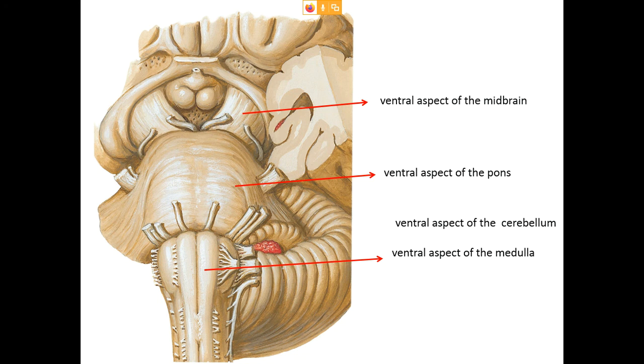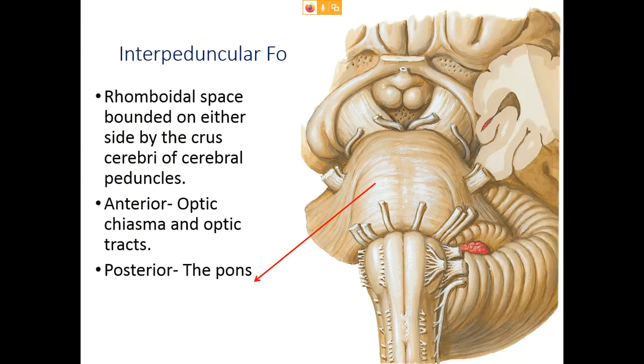And this is the ventral aspect of the medulla. Briefly, I am just explaining in this video these ventral aspects of the midbrain, pons, and medulla oblongata. And this is the ventral aspect of the cerebellum. Here you can see the posterior aspect of the pons, and this is the anterior boundary of the interpeduncular fossa.